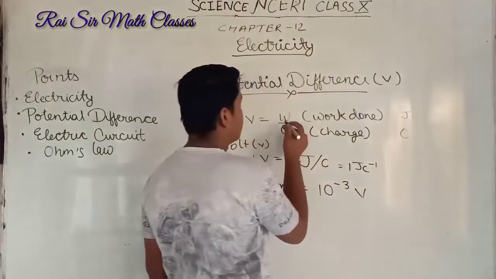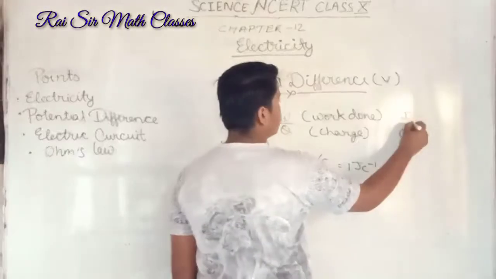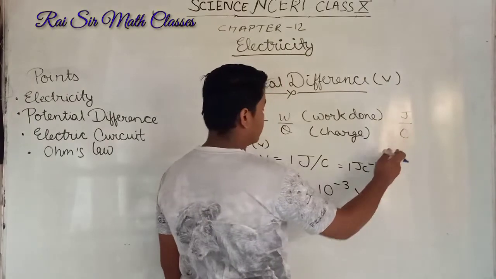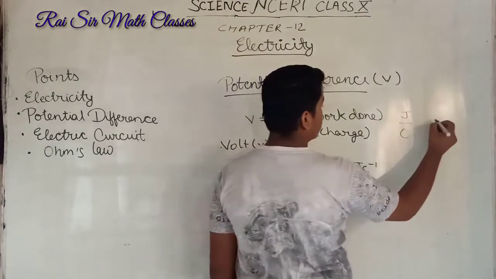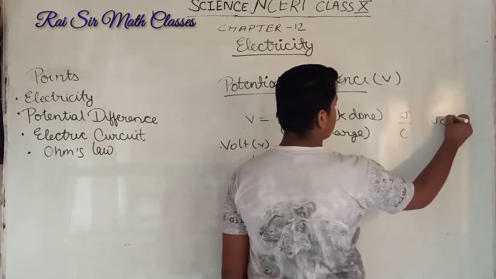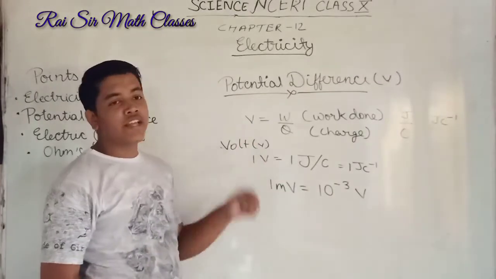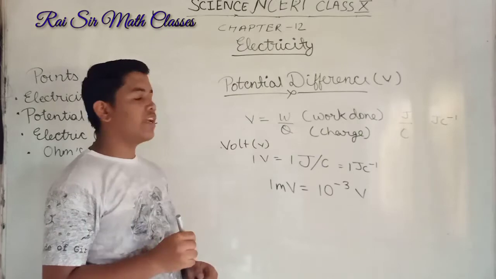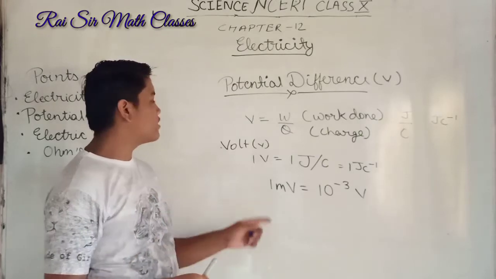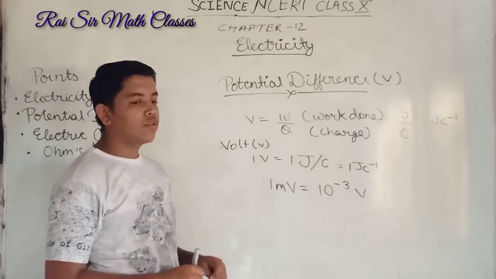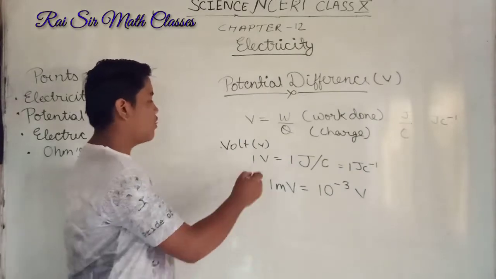So W upon Q is equal to J upon C. So it is also the same thing. And potential difference is measured by the device known as the voltmeter, because it gives the unit in volt.